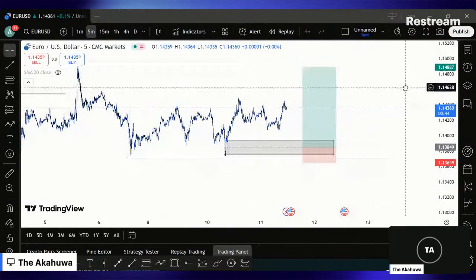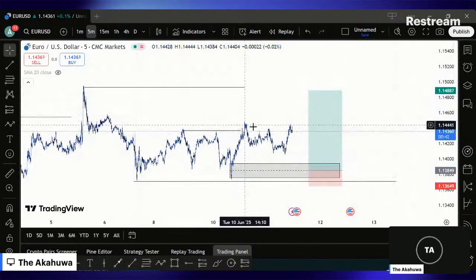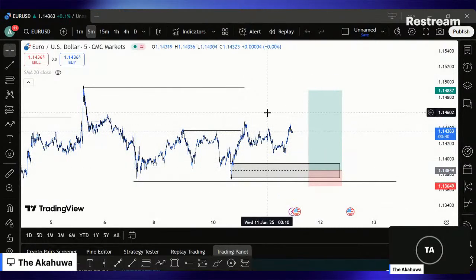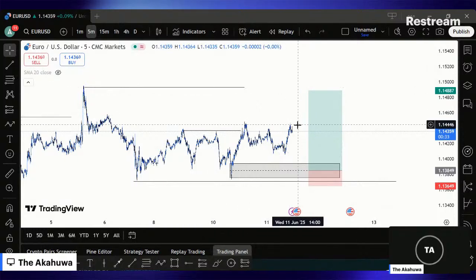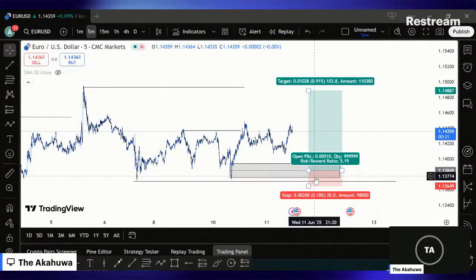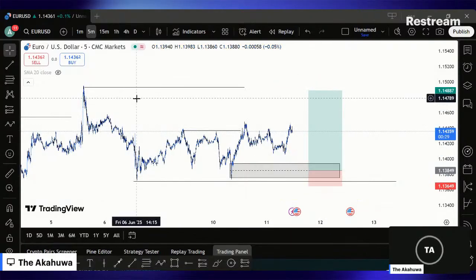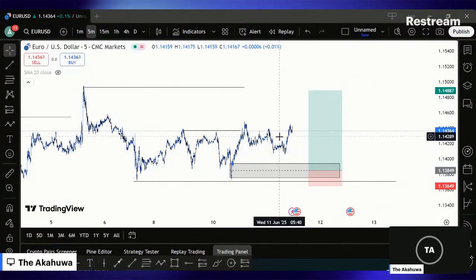Let me not give us a pending order. I believe you follow through my thought process on the analysis. If the market comes back to this point, then you can consider a buy. Just take a screenshot of this.